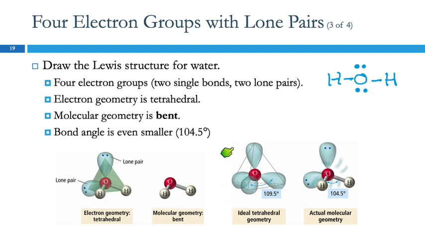If all of those were bonds, the ideal geometry would be 109.5 degree angles, but these lone pairs are more repulsive. And there's 2 of those now instead of 1 as in ammonia, and so these single bonds are going to get pushed even closer together than they did in ammonia.